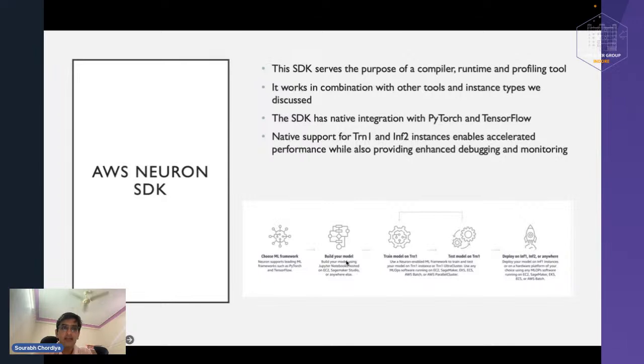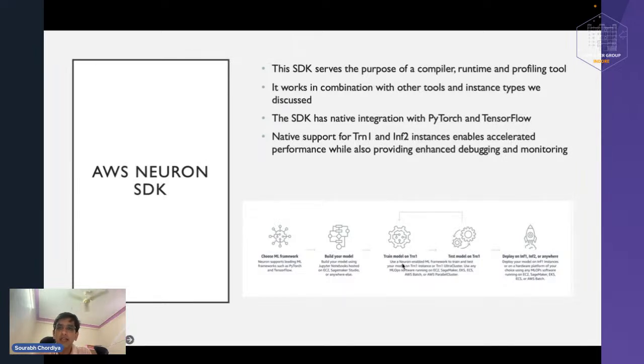Obviously there are ways, as we discussed, where you don't even need to build a model, but if you're building it, you will build it on Jupyter notebooks that can be hosted on EC2, SageMaker Studio, or anywhere else. When I say anywhere else, they can also be notebooks from on premise, as an example, or other cloud providers. You can even use those notebooks over here.